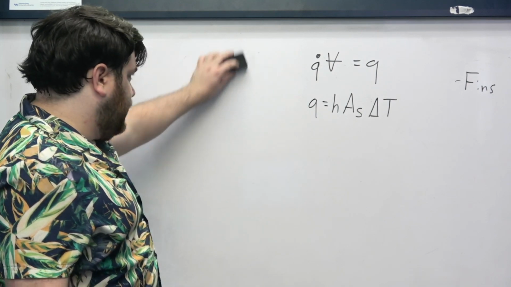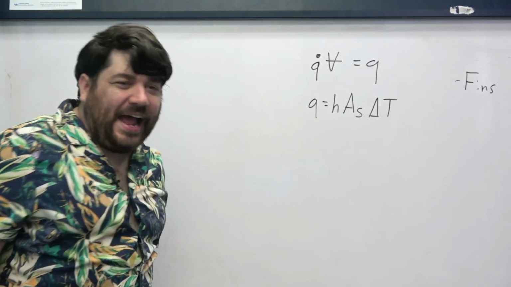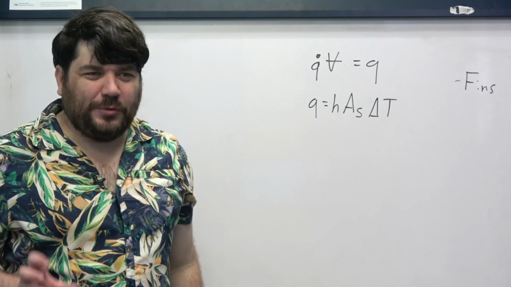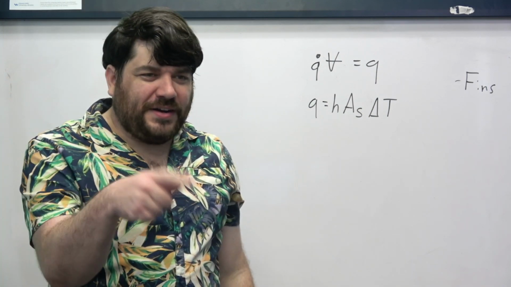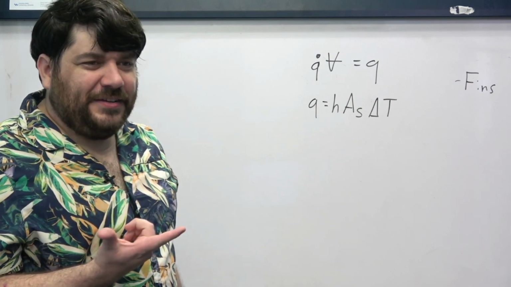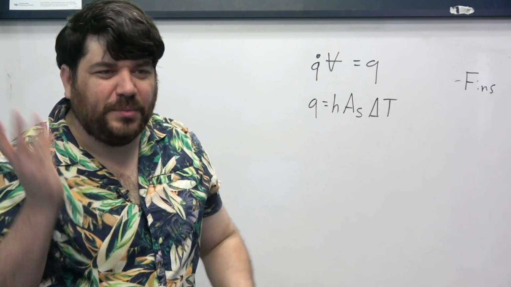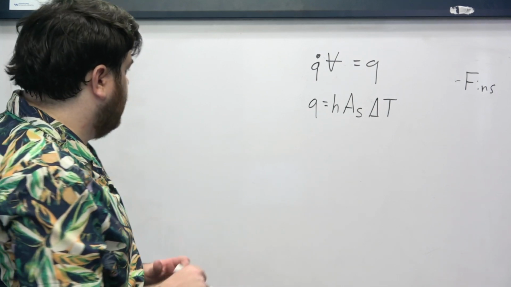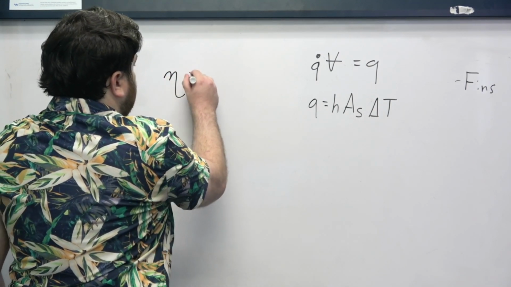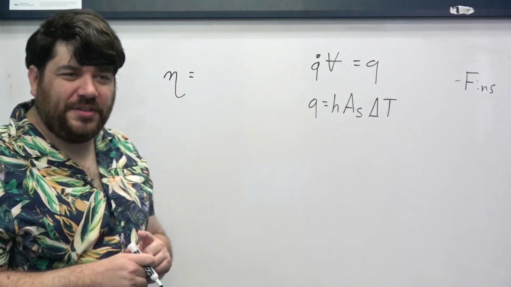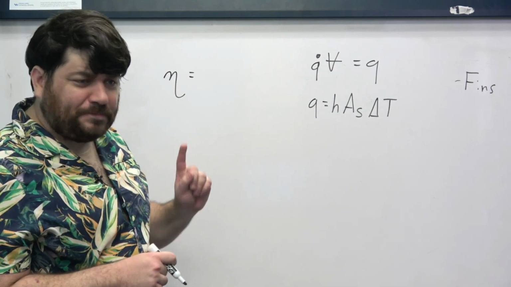What we might consider doing in order to add a bound to our measure of goodness for a fin is to try to come up with some metric that has a maximum of 1, okay? And that metric is going to be the efficiency, which we're going to represent with an eta, okay?